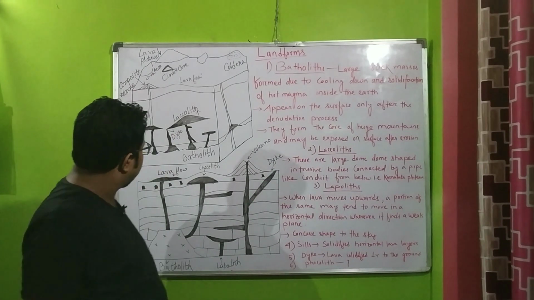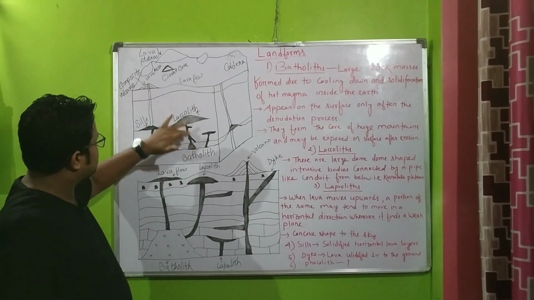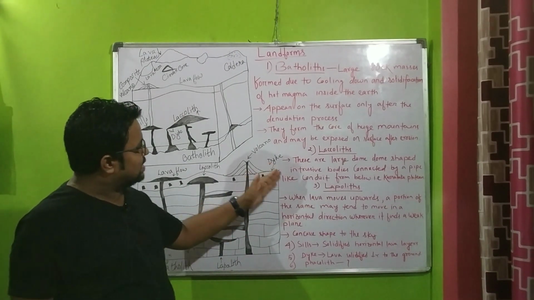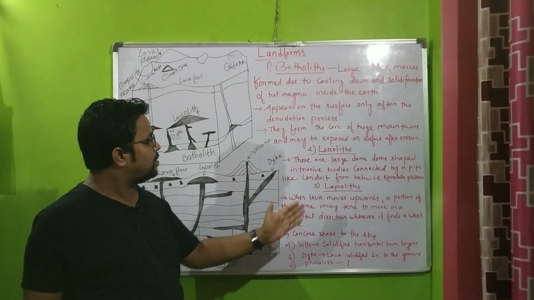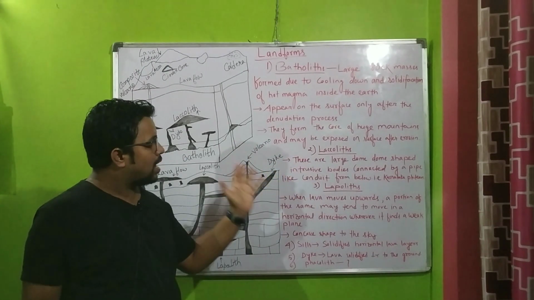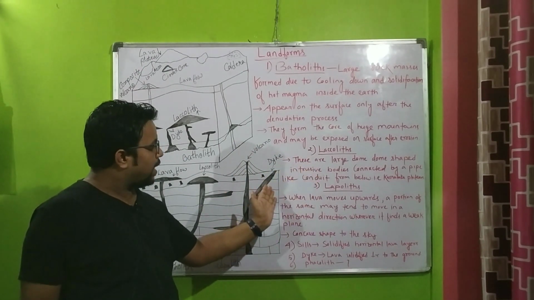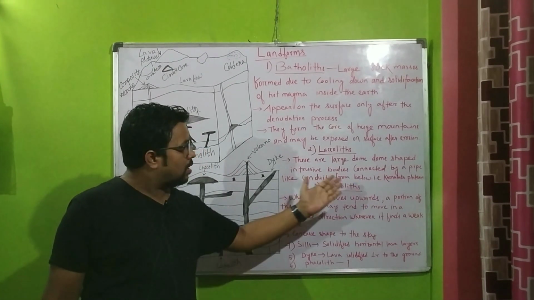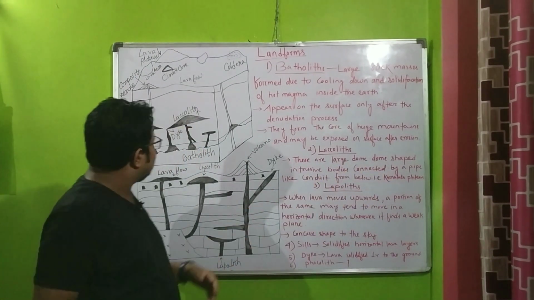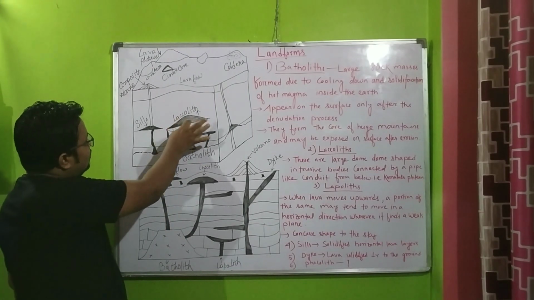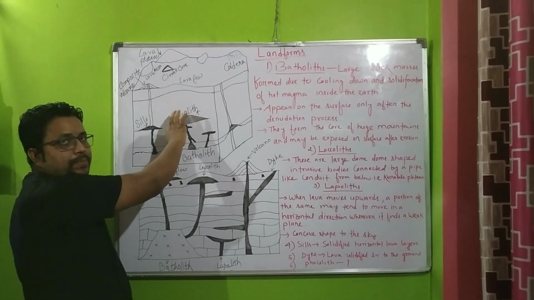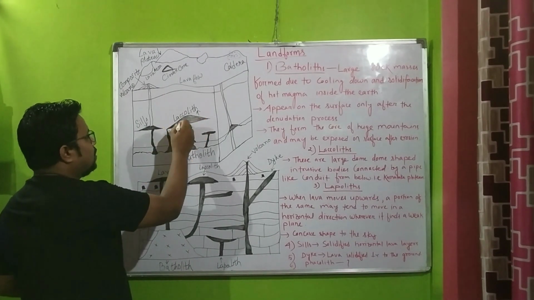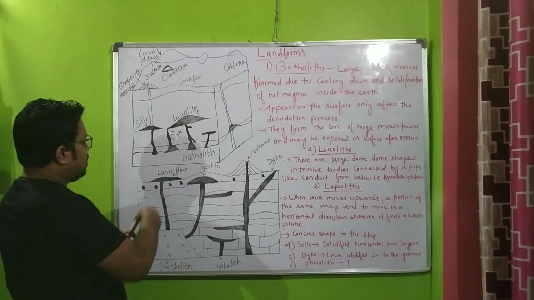Number 2 is laccoliths. Here you see this structure, laccoliths. These are large dome-shaped intrusive bodies connected by a pipe-like conduit from below. Example is the Karnataka Plateau. These are visible as dome-shaped.